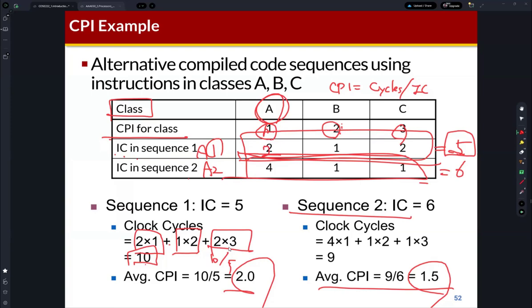In the midterm exam, there will be similar questions, so you can calculate the CPI this way. You should understand the definition of CPI, the clocks per instruction.